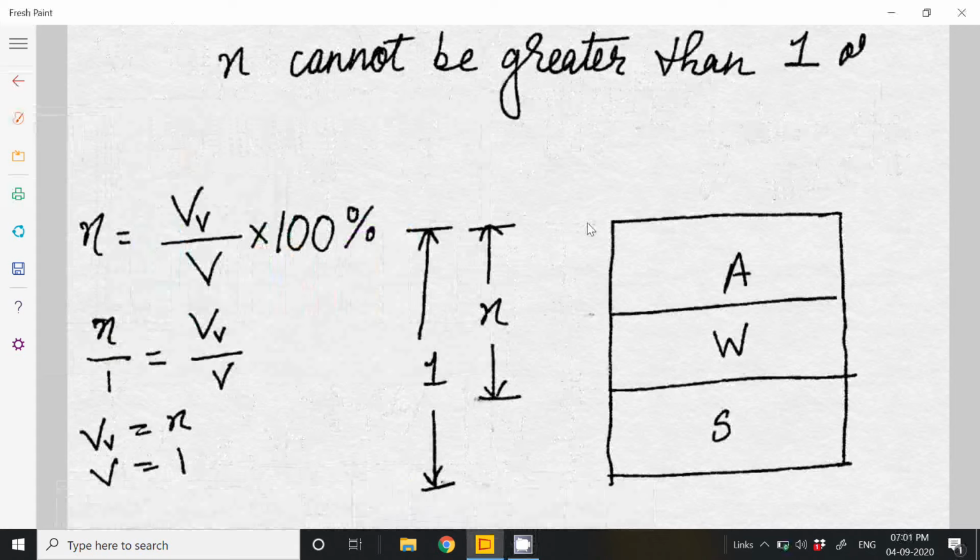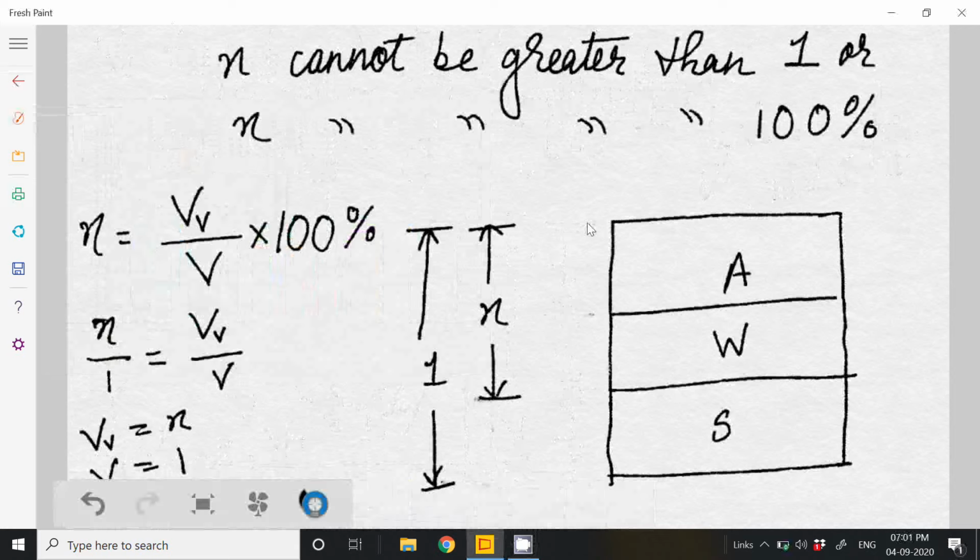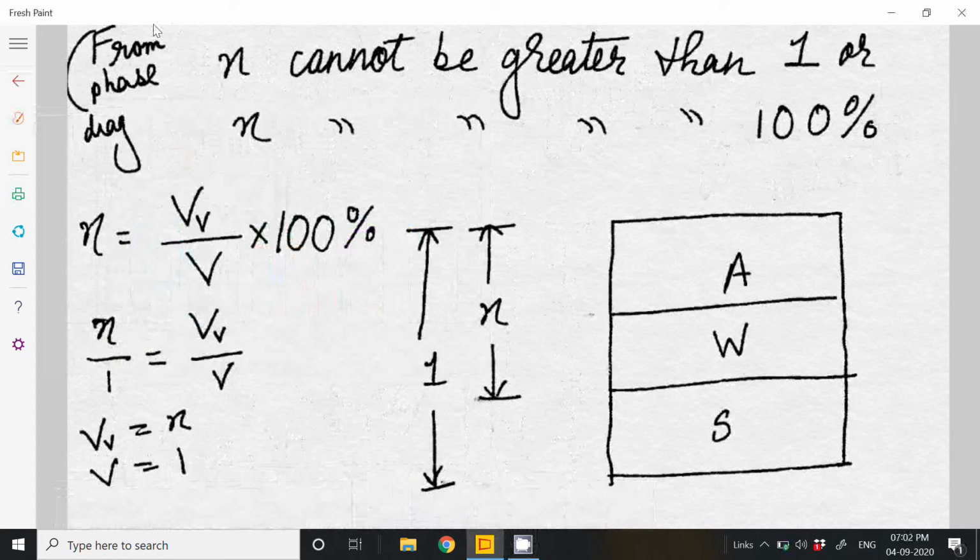Or we can say in terms of percentage, n cannot be greater than 100%. Okay, from the phase diagram we can see this n cannot be greater than this 1. 1 is the full volume, so n can never be greater than 1.